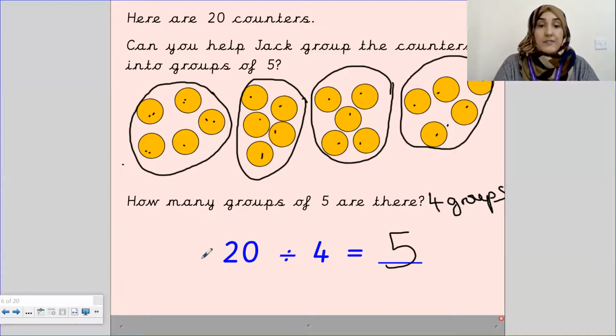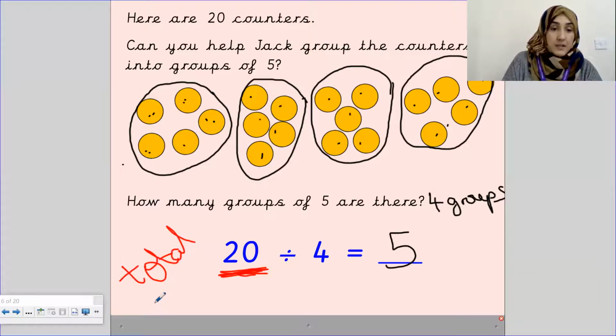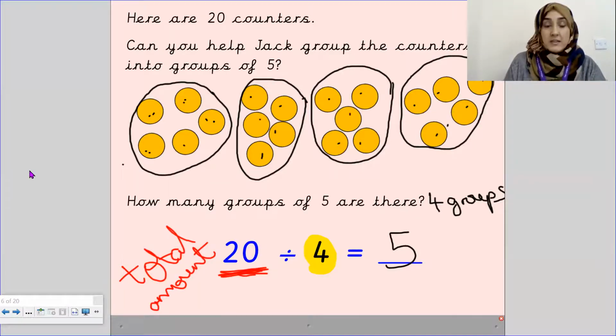Remember, the first number in our division number sentence, this number right here, is always the total amount. Now, this second number, this one here, is always the number of groups.